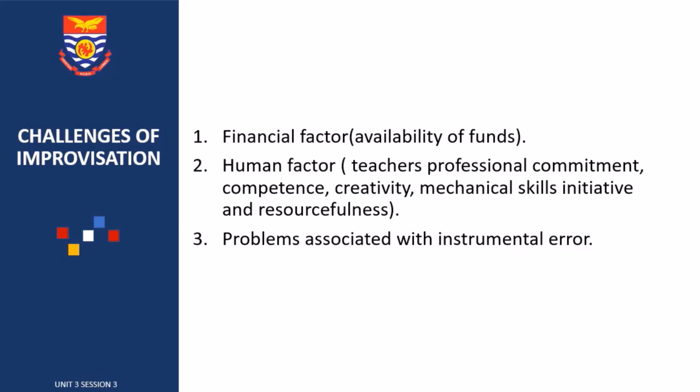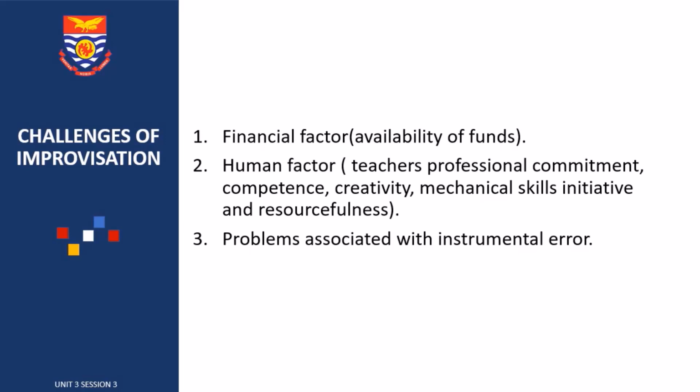The third challenge we would like to discuss is the problem associated with instrumental error. That is, the low degree of accuracy and precision of materials that are used in the improvisation. Also, the inconsistency in the measurement and the personal errors of the equipment.